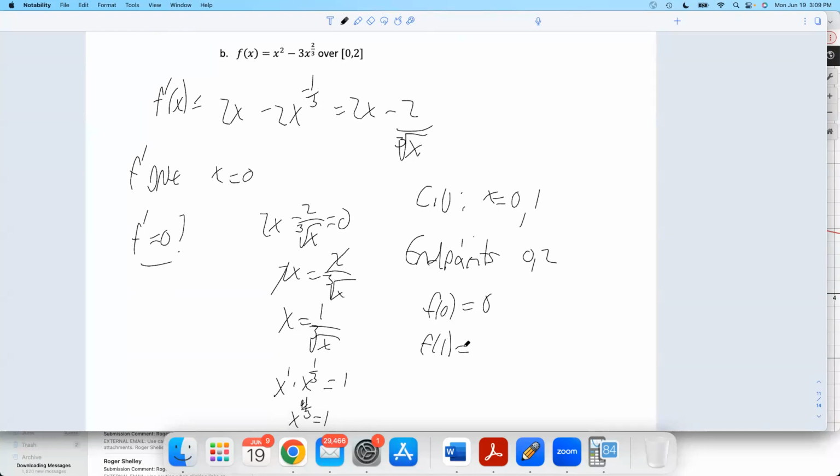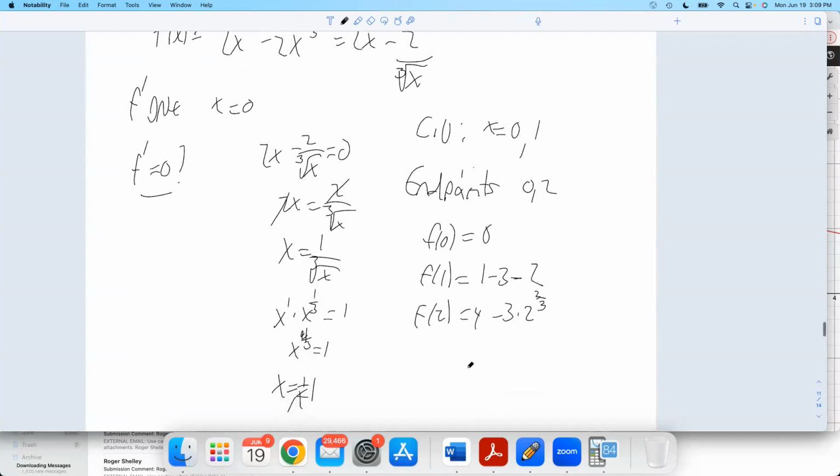F of 1 will be 1 minus 3, that's -2. F of 2 will be 4 minus 3 times 2 to the 2/3 power. That'd be cube root of 2 squared, which is cube root of 4.